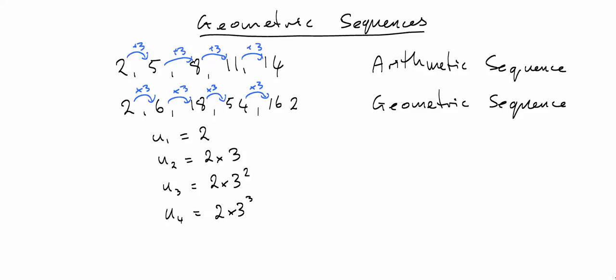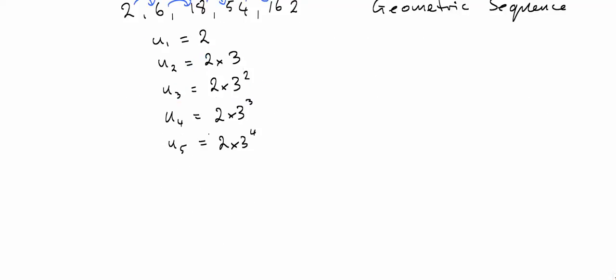That's 54. And u5, the fifth term, is 2 times 54, times 3 again, to give us 162.